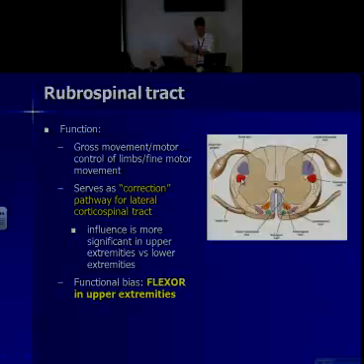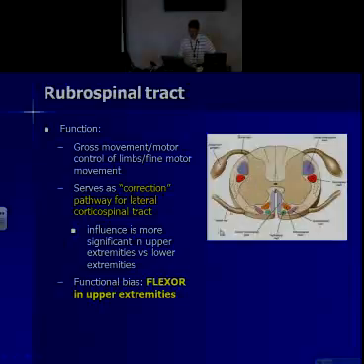The paravermis was responsible for the coordination of the distal extremity and fine movement. It was the real-time feedback, so the cerebellum is helping coordinate that distal, fine movement. So that's what the rubrospinal tract is, a continuation of that, as a simple definition function-wise.